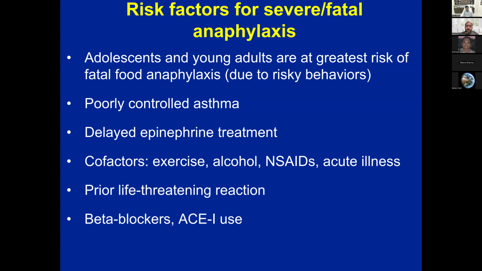Yes. This question is: is there a percentage of false negative SPT despite positive clinical history? And a corollary, is oral challenge dangerous in such a scenario? So if you have a very strong history, and the skin test is negative, the first question is, do I have good quality antigens?